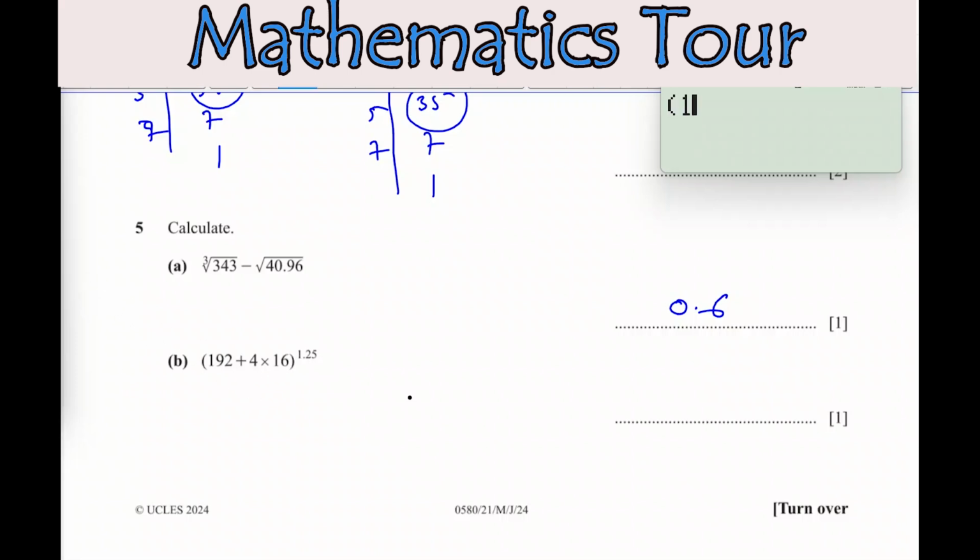That is open bracket, 192, then add 4, then multiplied by 16, bracket closed, then raised to the power of 1.25 like this. So you hit enter, so you should get the answer straight away. So that is 1024. So that is pretty easy. So let's go to the next question.